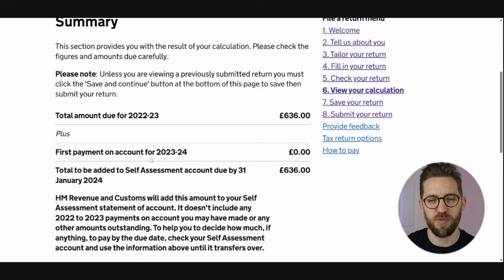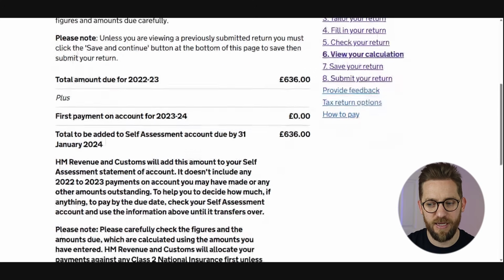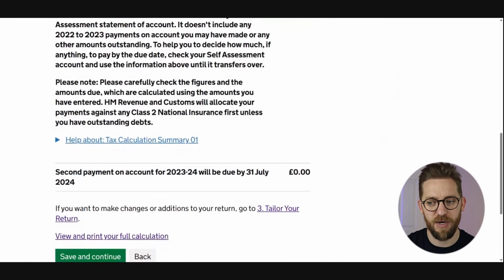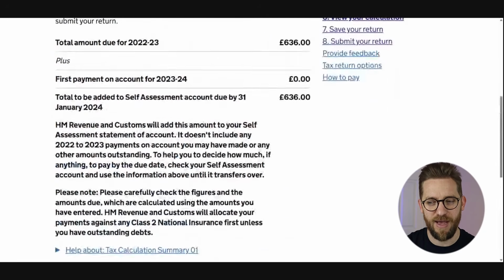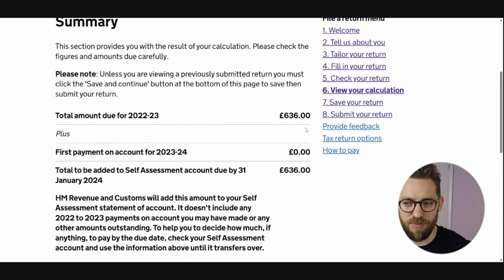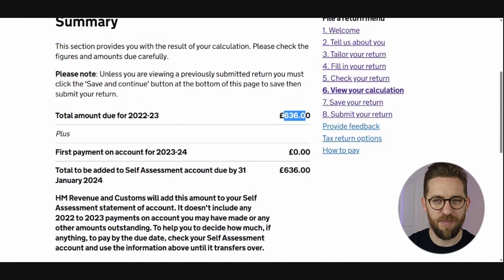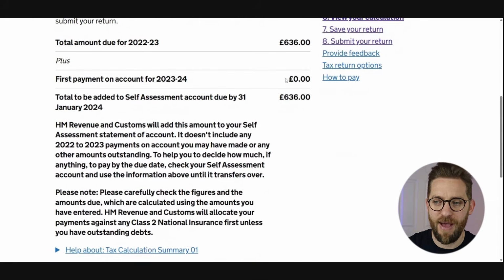And your payment on account is always going to be 50% of the liability up here. So I'd have to pay £1,000 here, and down here by July as well, they'd put £1,000 in. So in this case, because my liability is below £1,000, they're not worried about any payments on account. So that's the full amount owing by the 31st of January 2024.